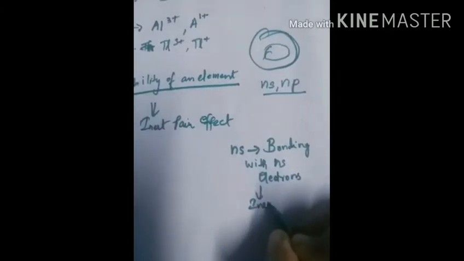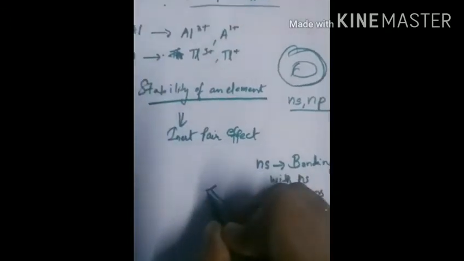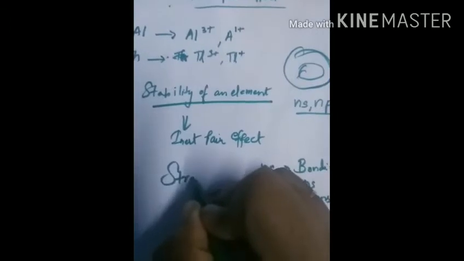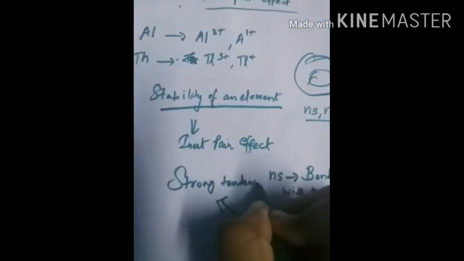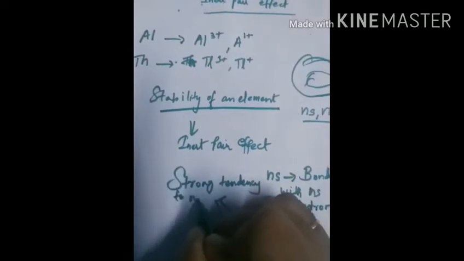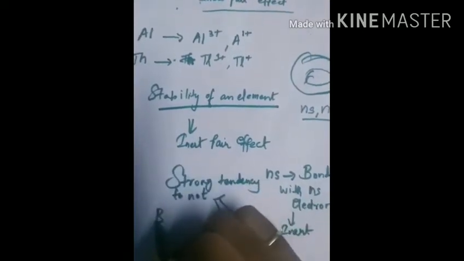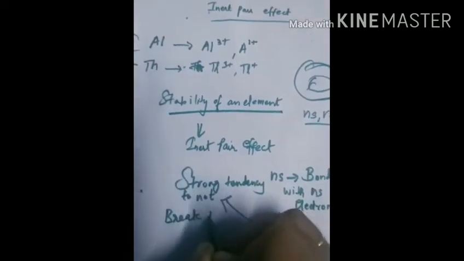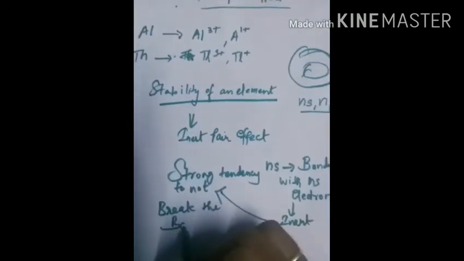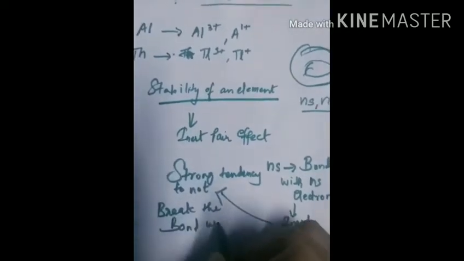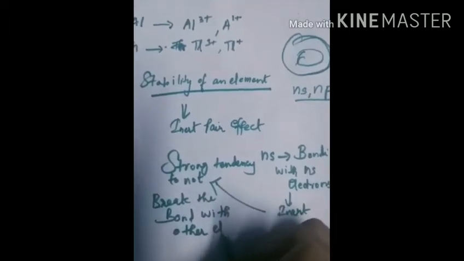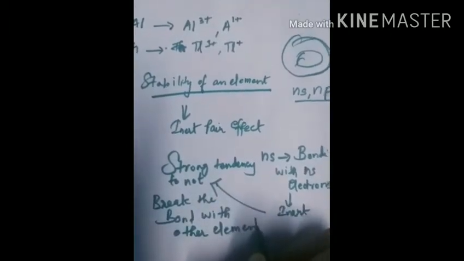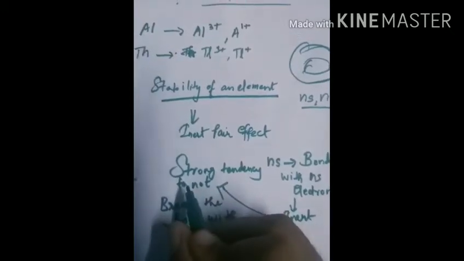That is, it has a strong tendency to not break the bond with other elements. That is how we find the stability of the electrons.